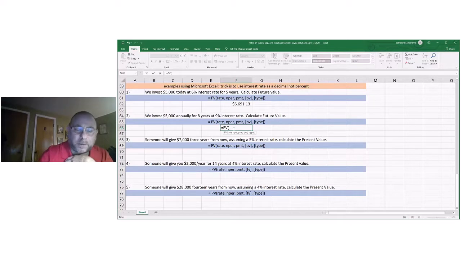Rate, 9%, 0.09, comma. Number of periods, 8, comma. We do have a payment. It's $5,000. Let me put it in as a negative. This way my answer comes out positive. I don't have to. I could have put it as a positive. My answer would have been negative and I'd just ignore the fact that the result was negative.